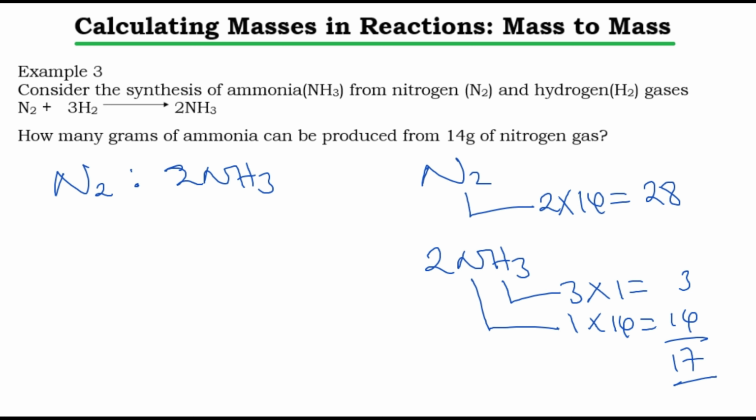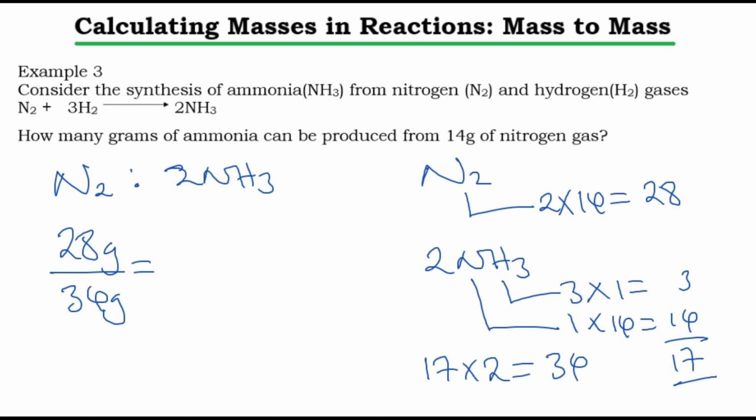This is the relative molecular mass, but there's a 2 here, so let's multiply by 2. We get 34. So a mass of 28 grams of nitrogen produces 34 grams of ammonia. So this is the ratio coming from the balanced equation.